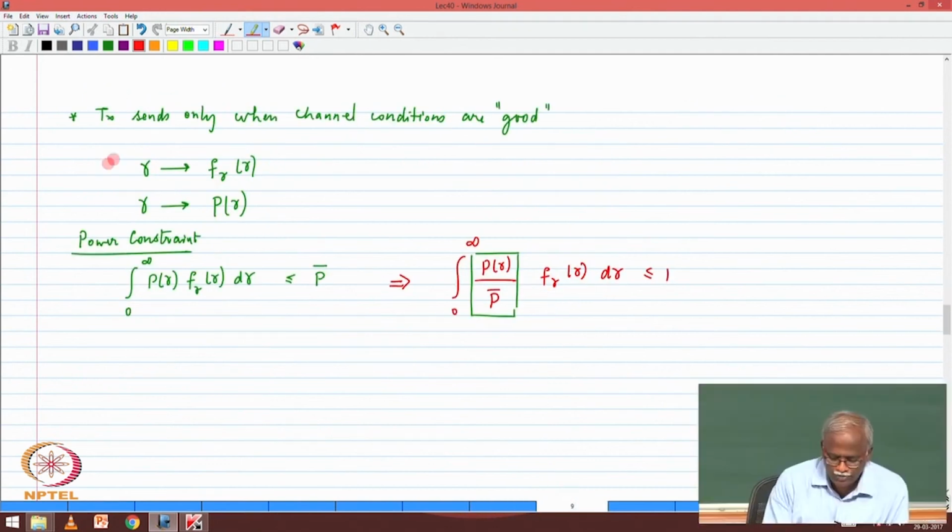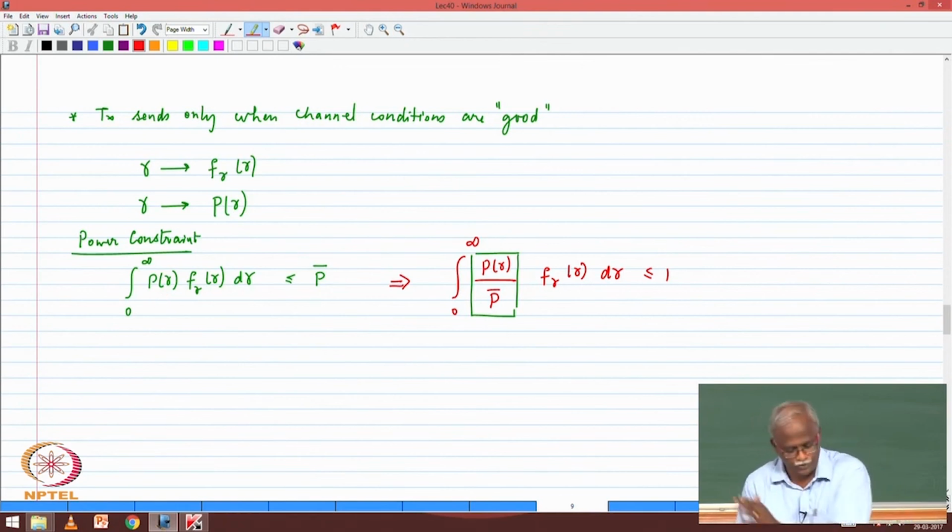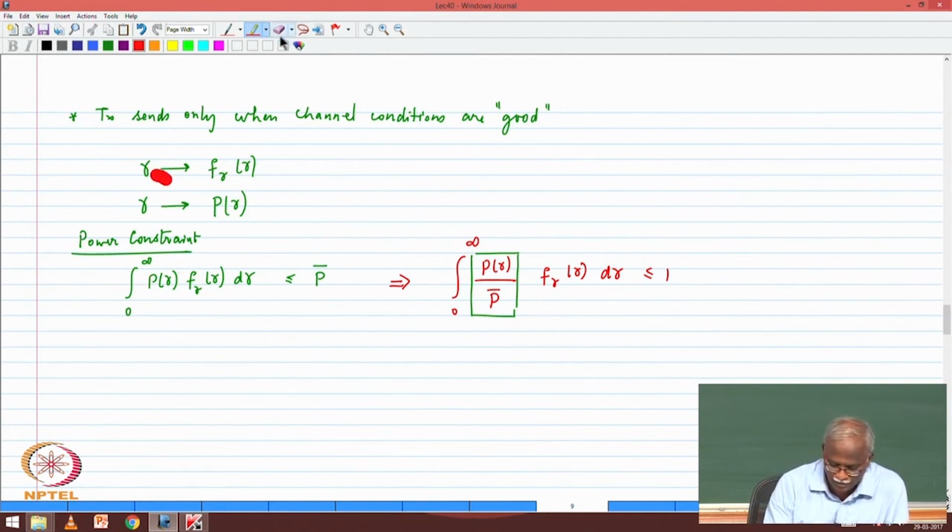So now comes the power optimization part, and the power constraint is that I have to allocate power for each of the SNR scenarios. So P of gamma is the power that I am going to allocate for a particular SNR, and I have to ensure that I don't do arbitrary allocation. So there is a constraint. The average power must be maintained across all SNRs.